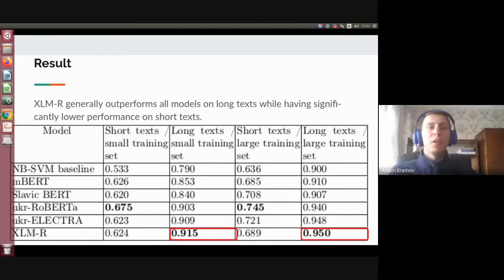Yeah, thank you, Oleksii, for your interesting report and for your data set. I'd like to ask if your data set contains original versions of documents or if it was somehow changed.